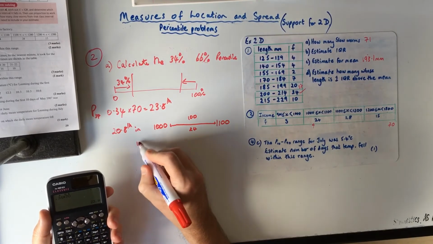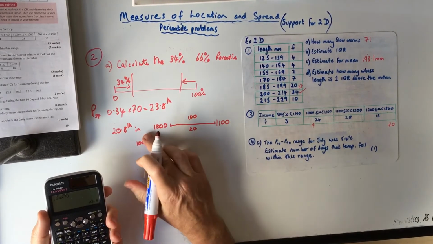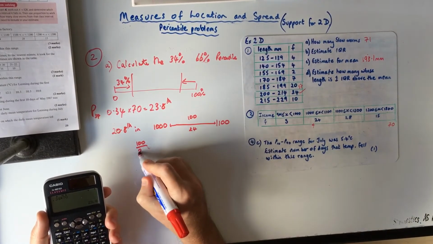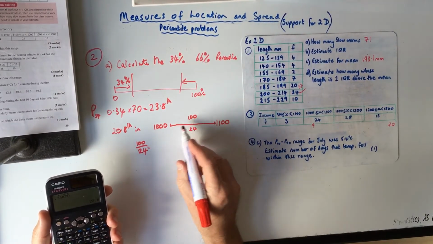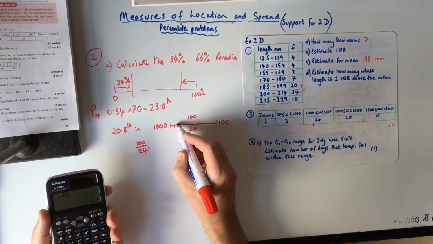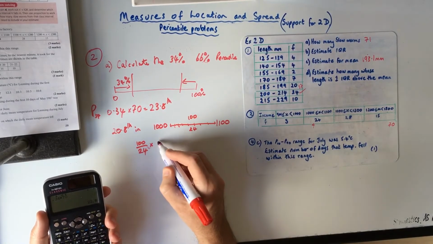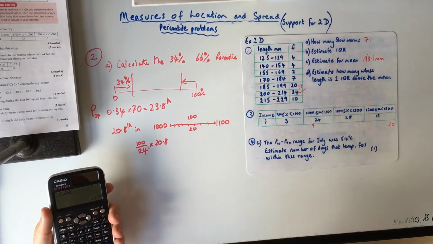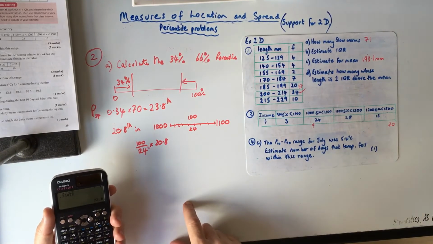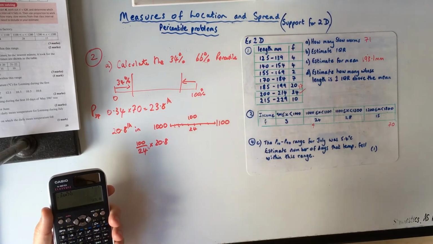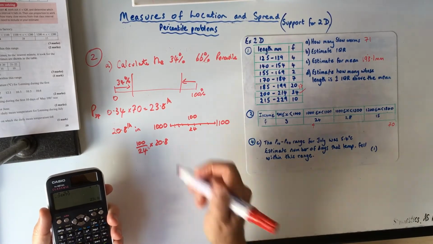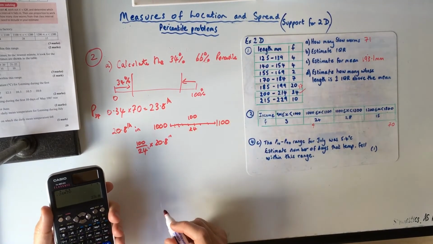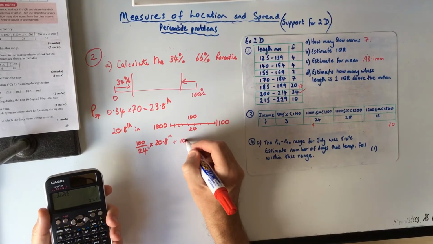Okay, so we're going to do 100 divided by 24. We're going to split that group of 100 into 24 equal pieces, and we want the 20.8th position, and then we're going to add it on to 1,000.